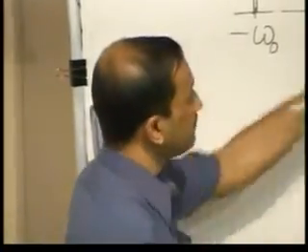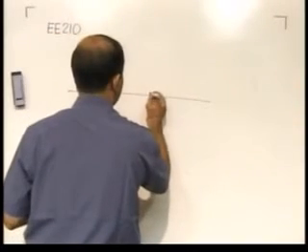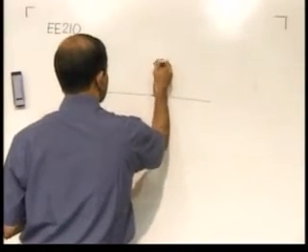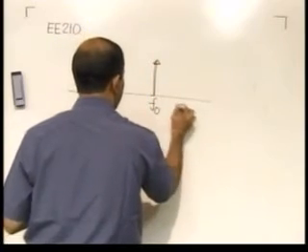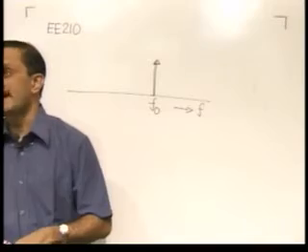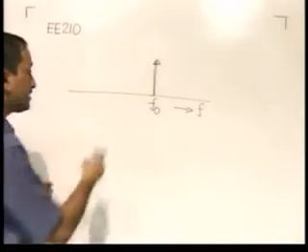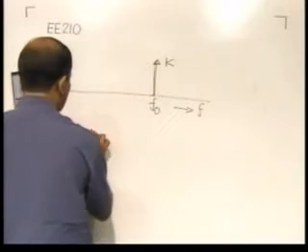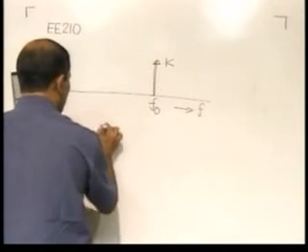Suppose you have a single impulse at f naught on the f axis. Let's work with the f axis; you can correspondingly extend the results to the omega axis. What does this correspond to? If the strength is k, it corresponds to k e raised to the power j omega naught t.